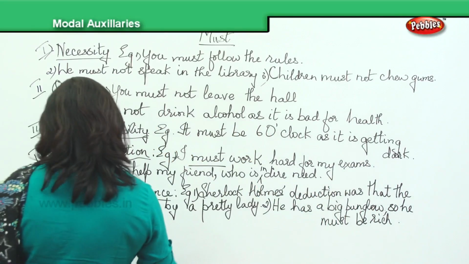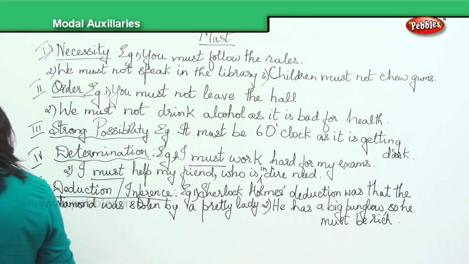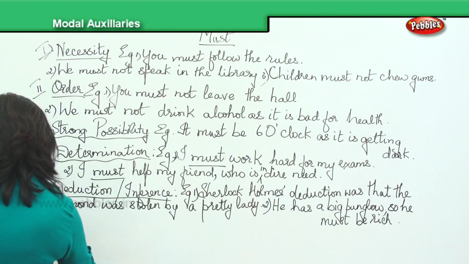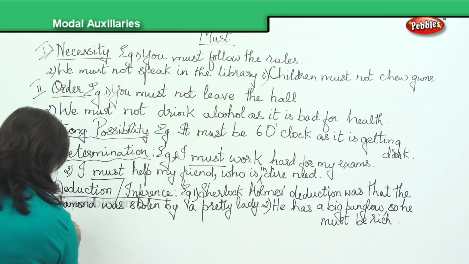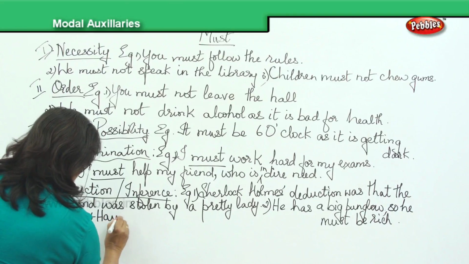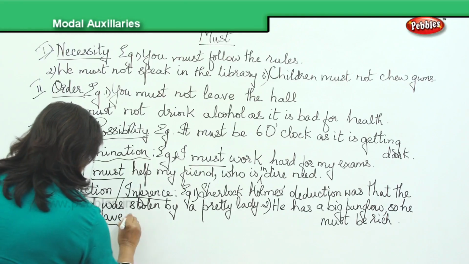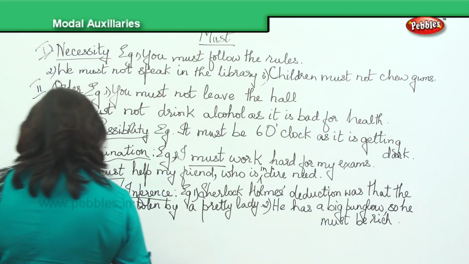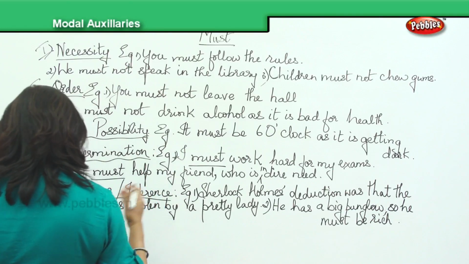Okay, we will see the next rule, must plus have. This is the last rule for must. It is used for a past action.